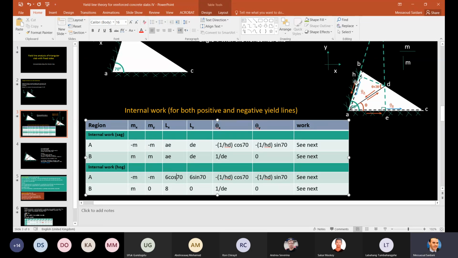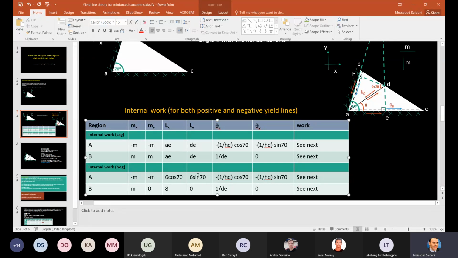Then we have this is the yield line, AB. Can you see that? In dotted line. So this yield line, now we need to project it onto the x-axis. AB is 6 meters. So when you project it on the x-axis, it's 6 cos 70.